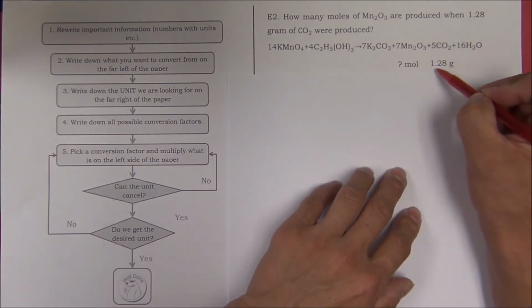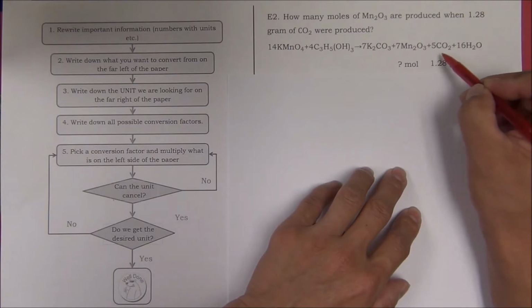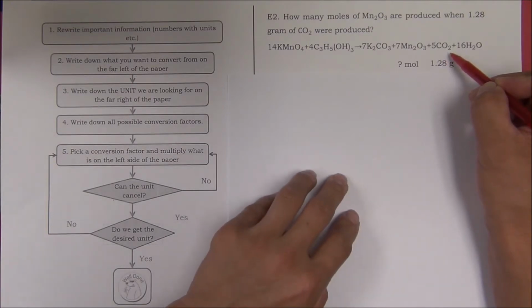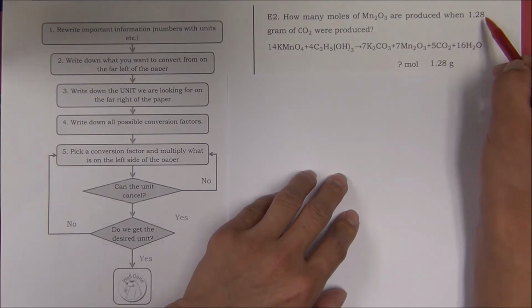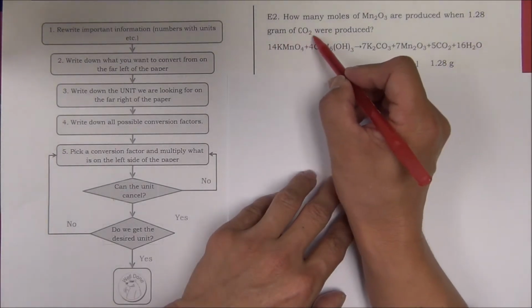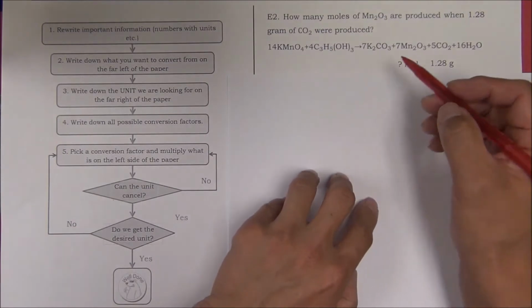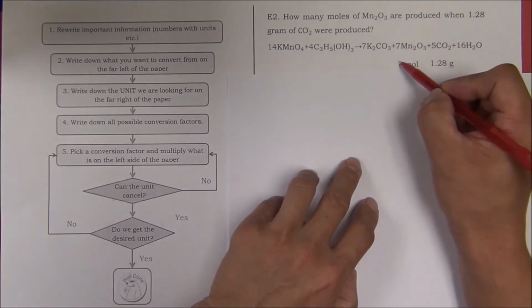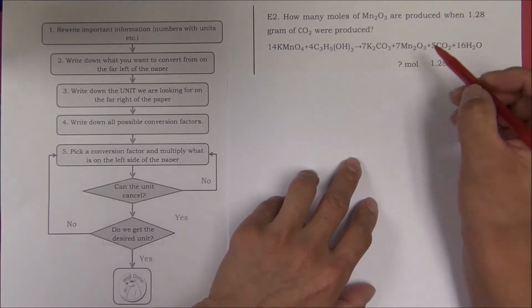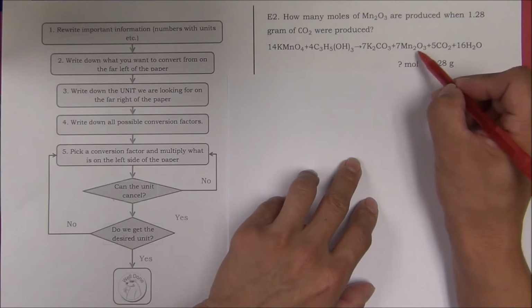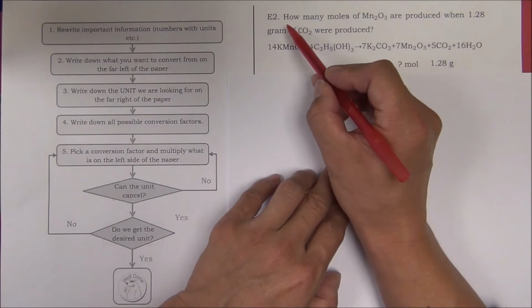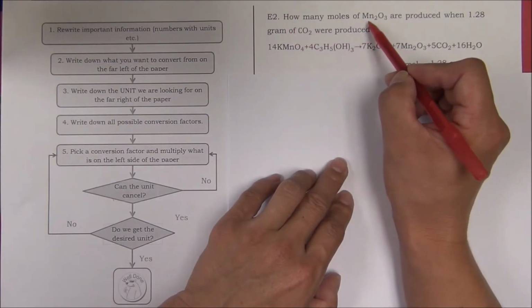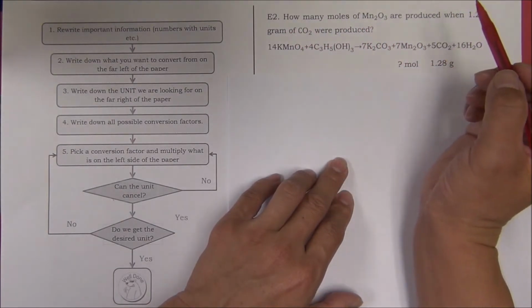We put down 1.28 gram below carbon dioxide, because when you read the problem, you see 1.28 gram of carbon dioxide. We also put down a question mark, MOL, below Mn2O3, because when you read the problem, you see how many moles of Mn2O3.